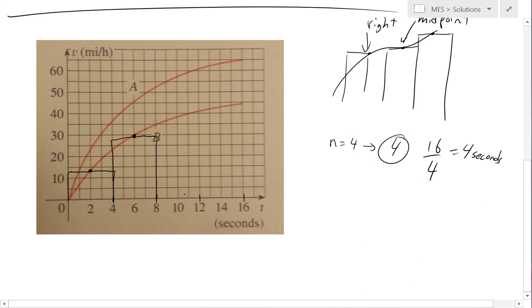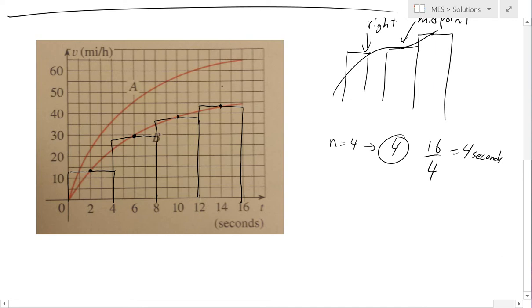Then go 10, and now we go to 14. Now all we do is sum up the area underneath this, and that is a rough estimate for the distance that B travels. But we want to know the difference.